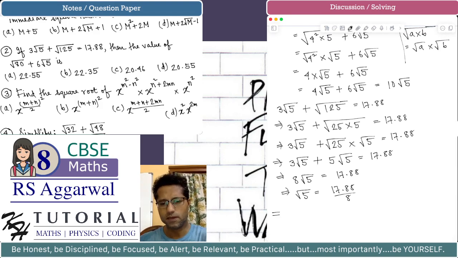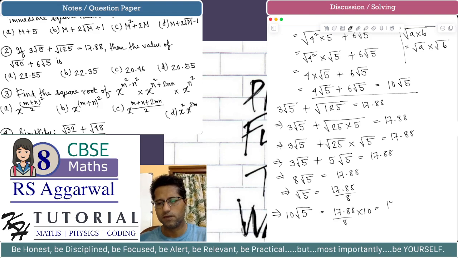So we have to find the given expression, that is square root of 80 plus 6 into square root of 5, which we have found to be 10 root 5. So this implies 10 root 5 is equal to 17.88 divided by 8 multiplied by 10. So this is equal to 178.8 divided by 8.